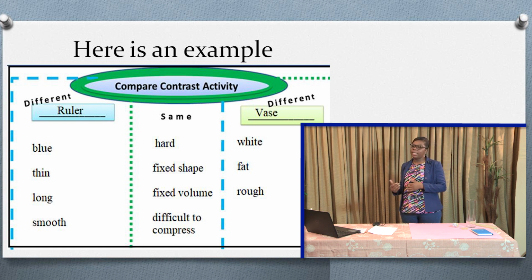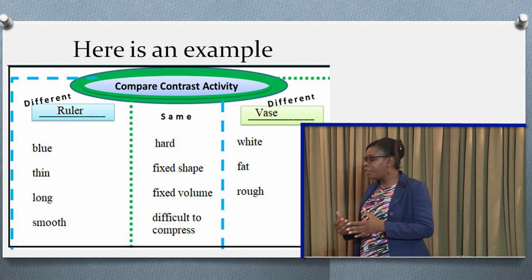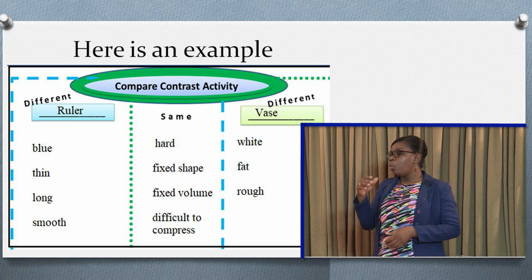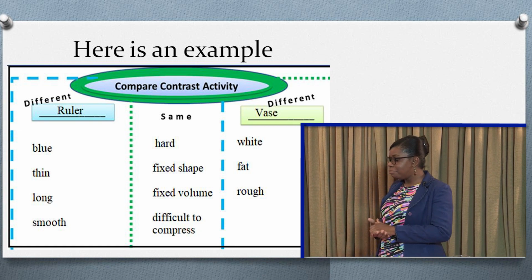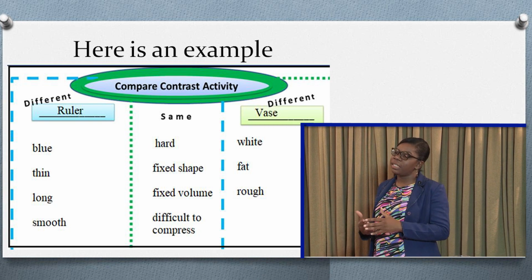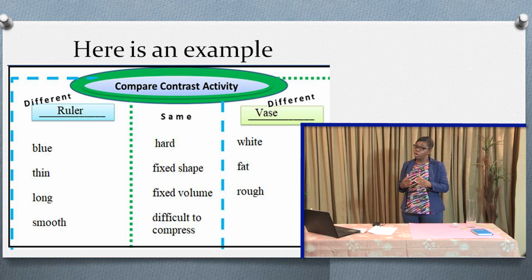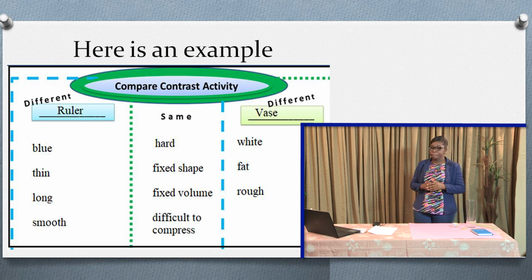On the other hand, I found the vase to be white in color, fat, and rough on the surface. But also, it had similar properties like the ruler. These were the shape, which was fixed, the volume was fixed, it was hard and difficult to compress.